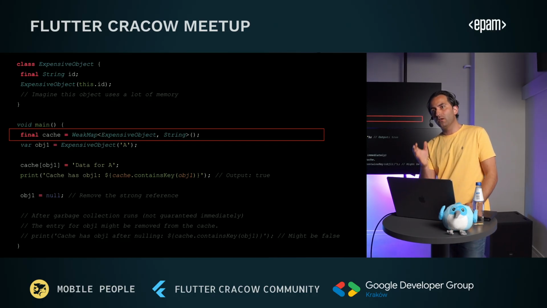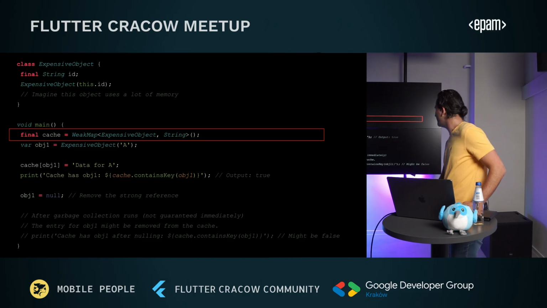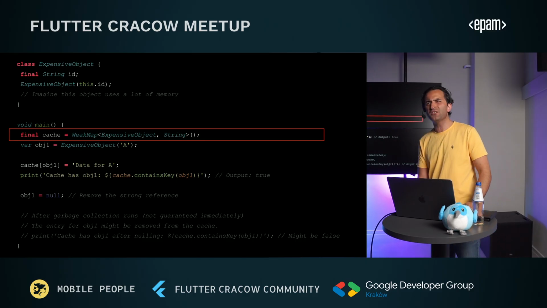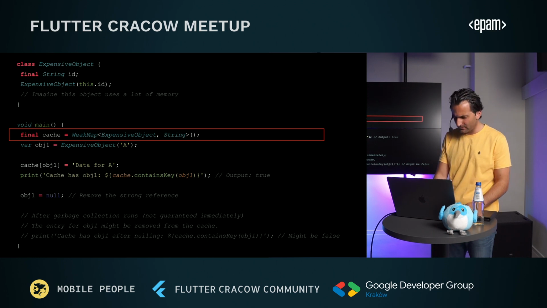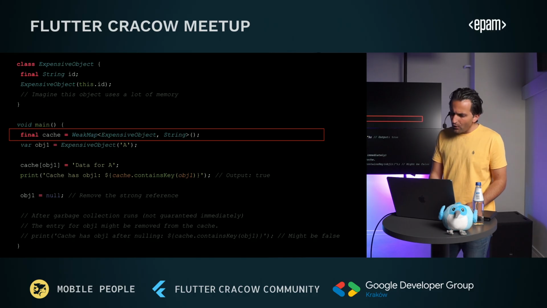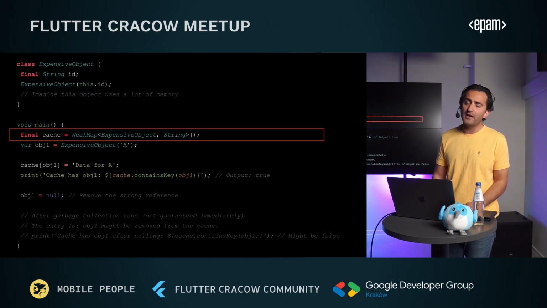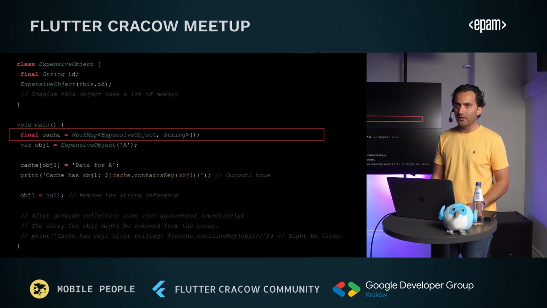Here is an example. I put it here. I don't think it is readable there, at the last row. Yes, good. Imagine you have your keys, and now you are removing an entry from that key. In this case, the Dart VM can automatically, at some point, garbage collect that key as well.